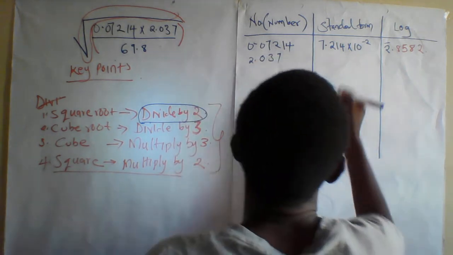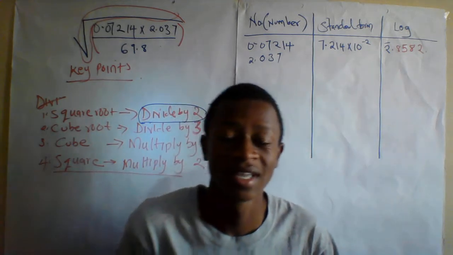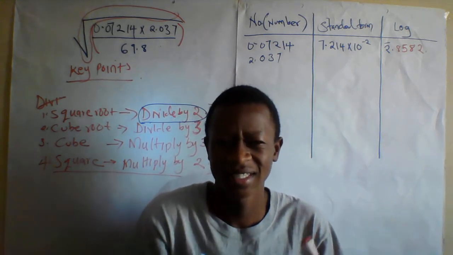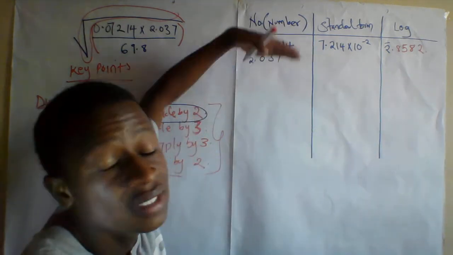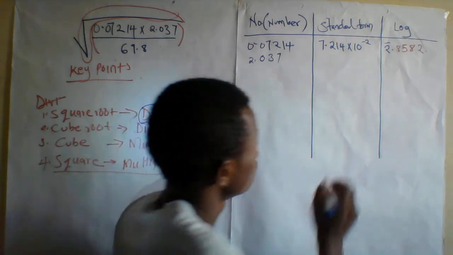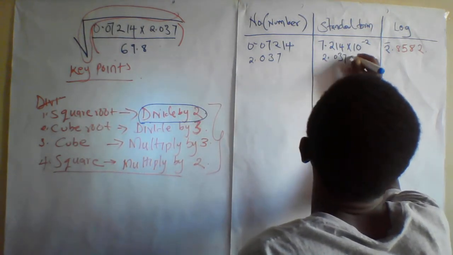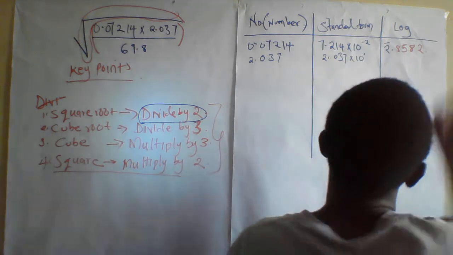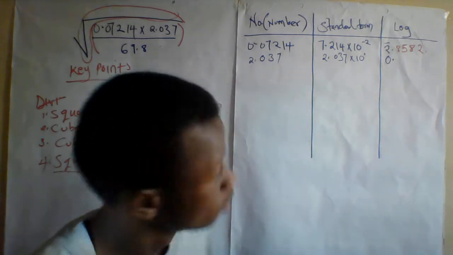2.037. Because this one is already in standard form, you have not written it to that. Some of the things are just tricky, but because we have already said that it is in standard form, you don't have to change it again. So it goes direct to 2.037, which is like 10 raised to 0. So you have to insert just a 0.